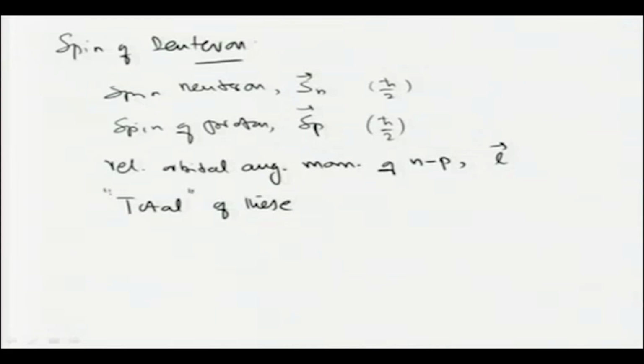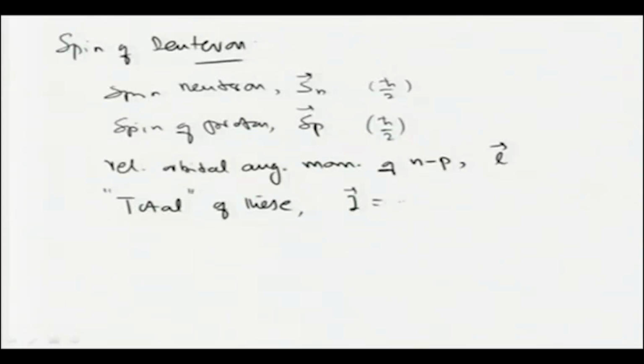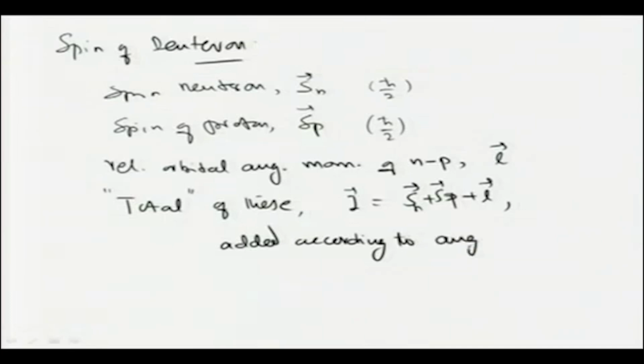When I say total, I mean you have to add these angular momenta according to the angular momentum addition rules of quantum mechanics, and the total, let me denote it by I, is Sn plus Sp plus L, added according to angular momentum addition rules of quantum mechanics.